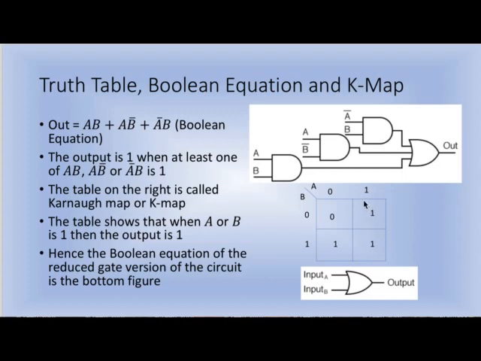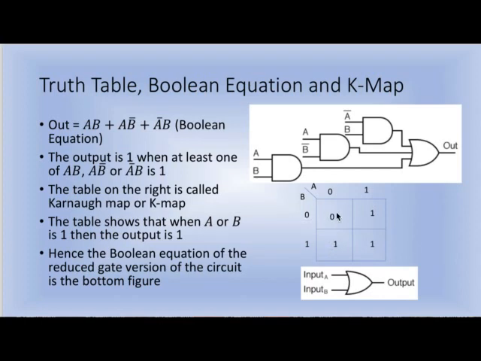And similarly, when the input A is 1, it doesn't matter what's the value of input B, the output is going to be 1. And that actually allows us to remove the AND gates, because we can simply put the inputs directly to the output, because that actually is an OR logic, because if any of the input is 1, then the output is 1. It doesn't matter what the other input is.